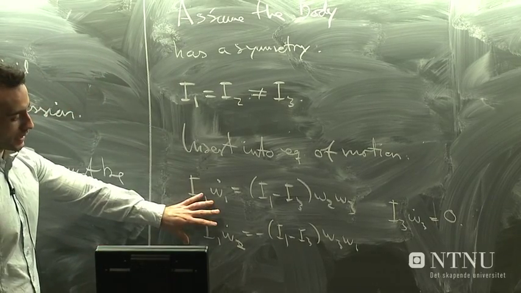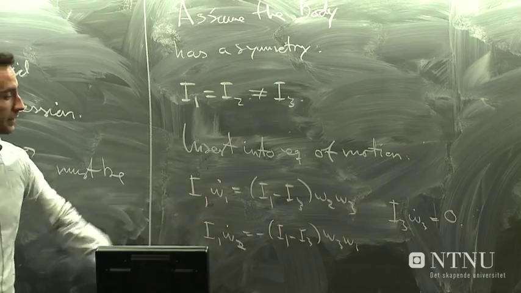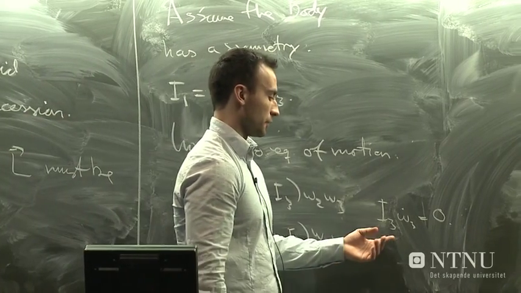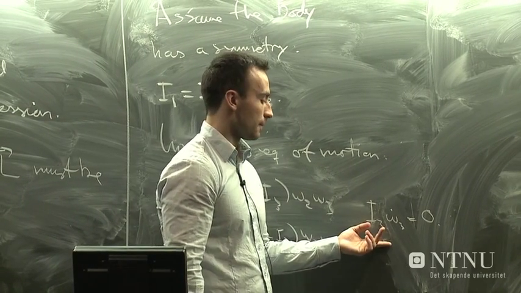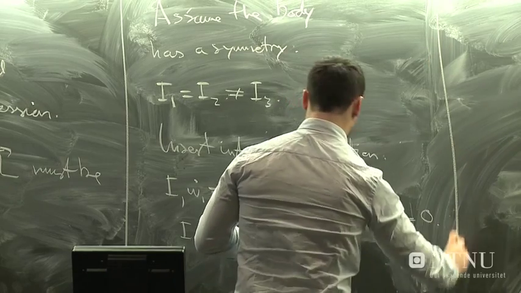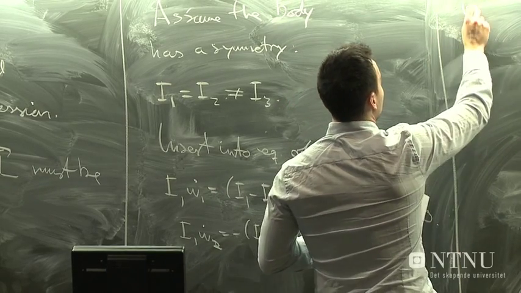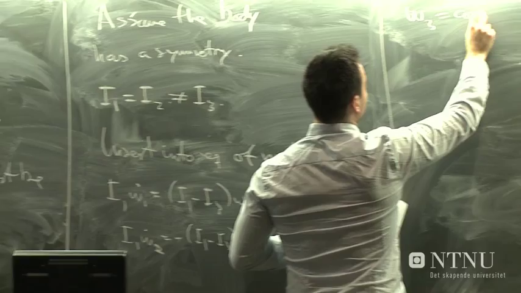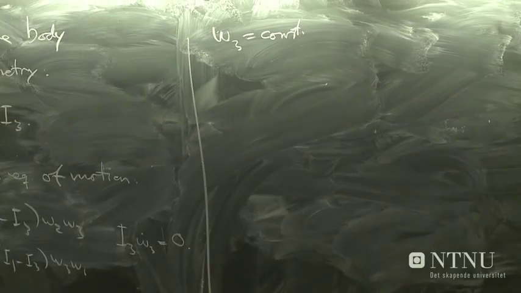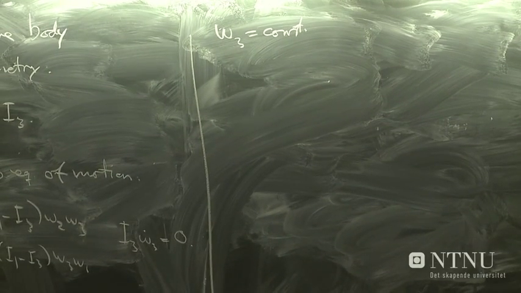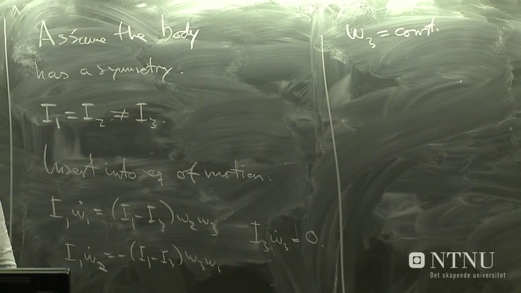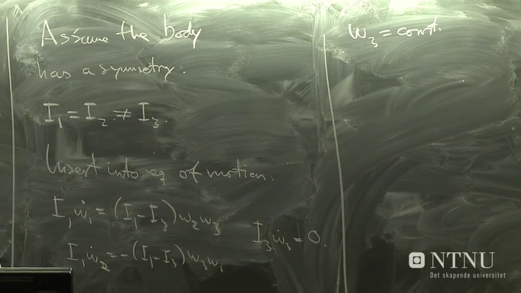So two of these equations are still non-linear, but this one looks pretty favorable. This we should be able to solve. So it follows that omega 3 has to be a constant. And the value of omega 3 will then be determined by the initial conditions that we choose.